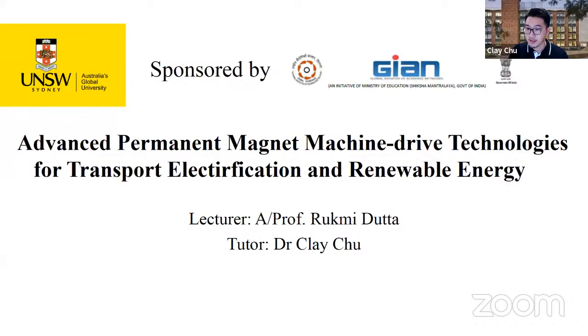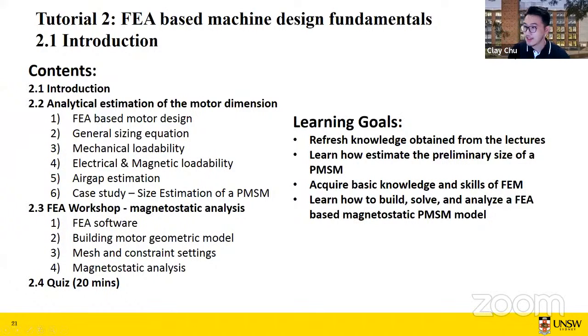This is the second day of our tutorials. In today's tutorial, we'll refresh the knowledge you obtained from today's lecture. I'll go through those analytical tools and models you learned, about how to estimate the dimension and performance of a motor at the initial stage.